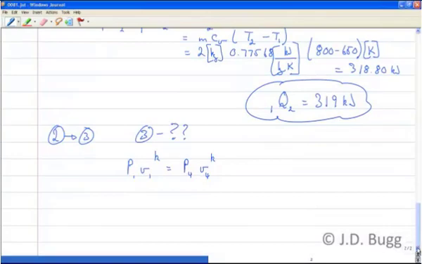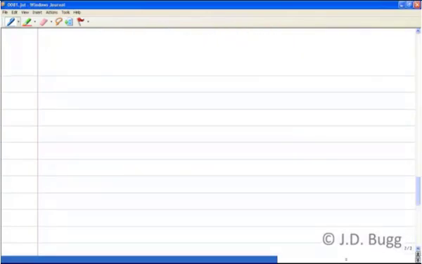Now, at point 1, we know enough information to calculate the specific volume. So we can take the ideal gas law, rearrange it for specific volume, and we have everything we need to calculate this specific volume.